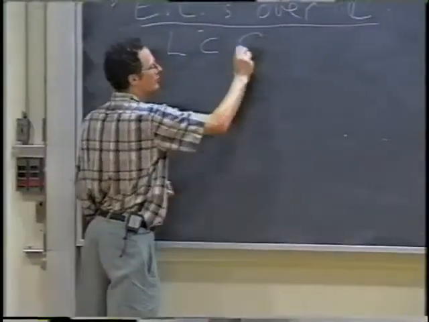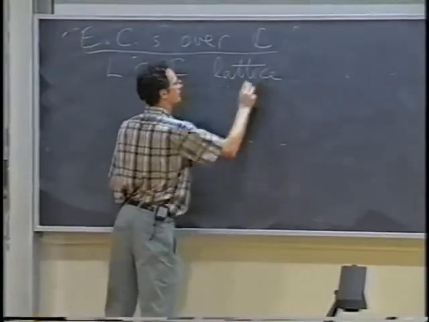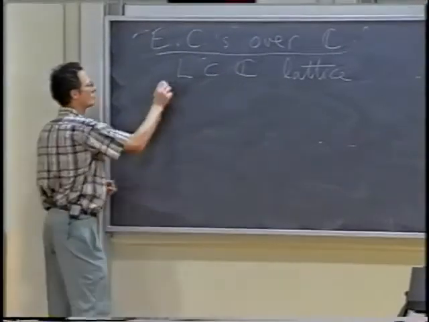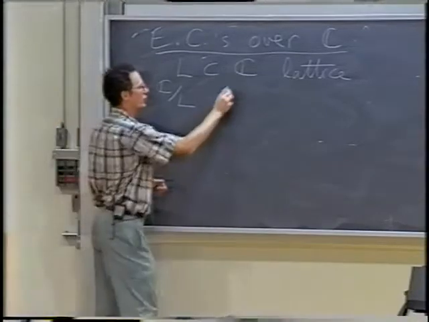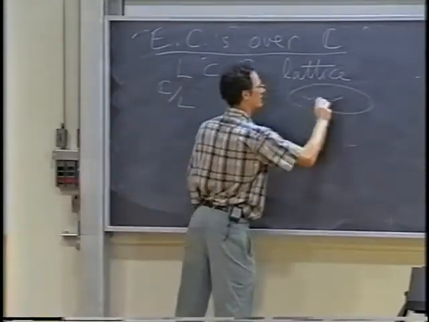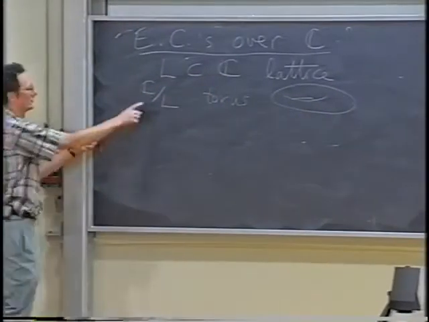One can start with a lattice in C and look at the quotient of C mod the lattice, and that clearly forms a torus topologically, even complex analytically.